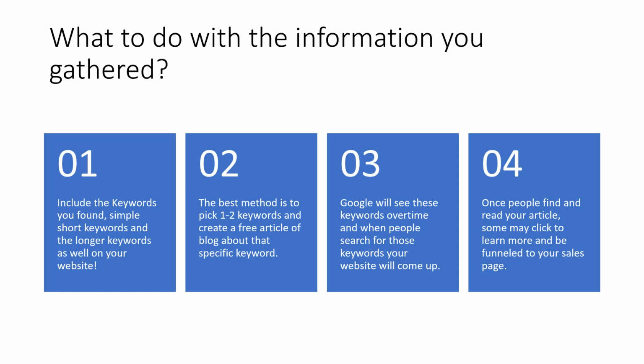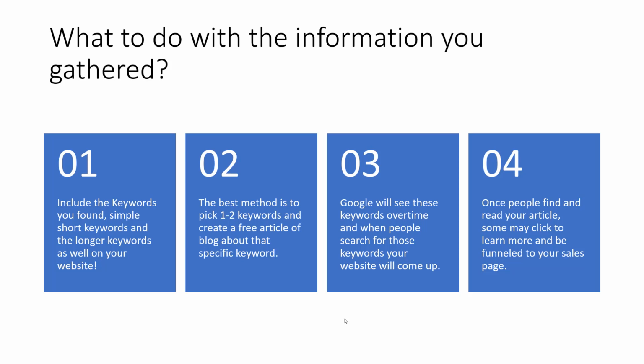And the best method is to pick 1 to 2 keywords and create free articles or blogs about that specific keyword. So write an article about how to play the bass ukulele, have an example, make a small video about it, and use the training that you're going to get in this course to understand how you can package this together and actually create the product, which we're going to cover in the next segment, on the product development segment, in a lot of detail. So don't worry about that, but that's how you're going to do it.